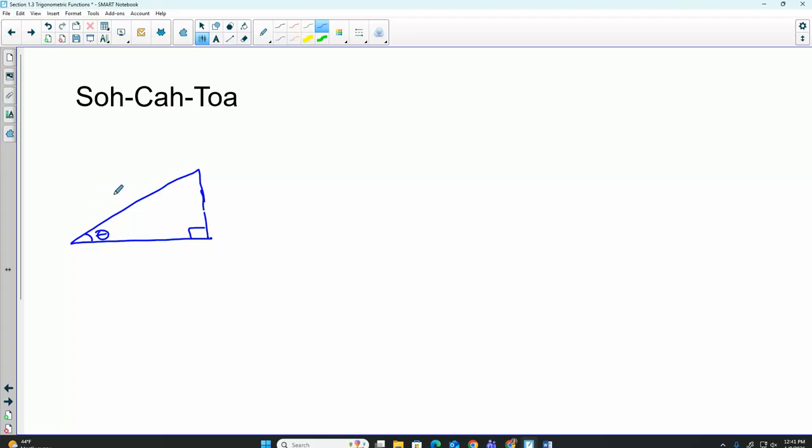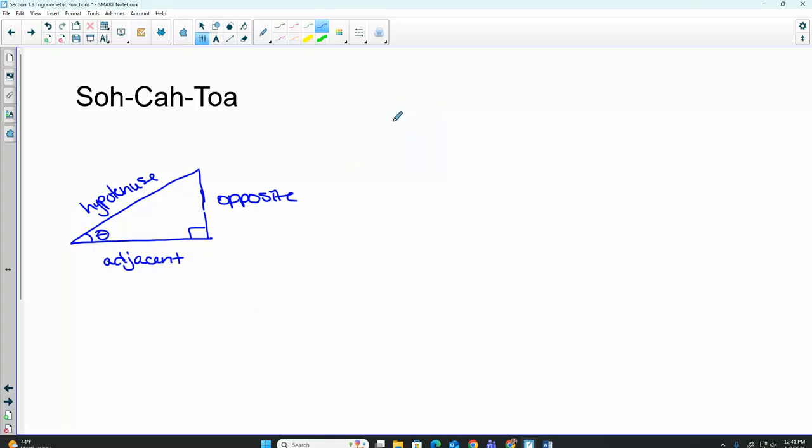What's the side across from the right angle called? This side across from our angle we refer to as the opposite side. And the side touching the angle, that's not the hypotenuse, is the adjacent side.